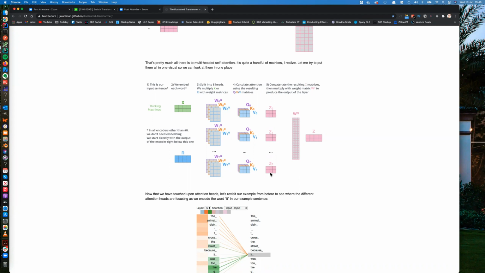One of the confusions I have is the dimension of Q, K, and V. Shouldn't that be the same as that of X, which is the initial embedding? So no, this is the interesting bit, as Arthur was saying.